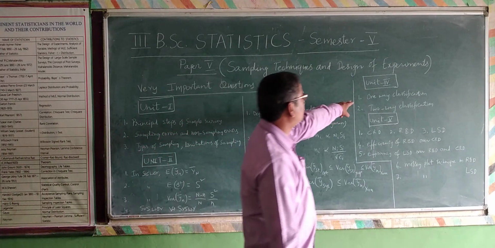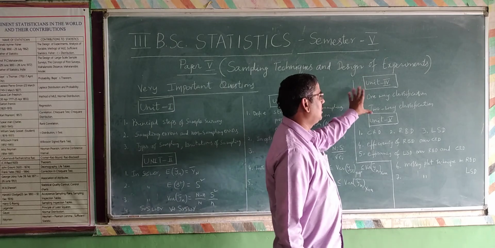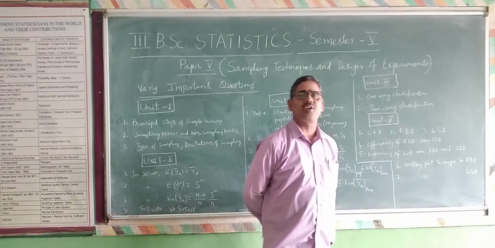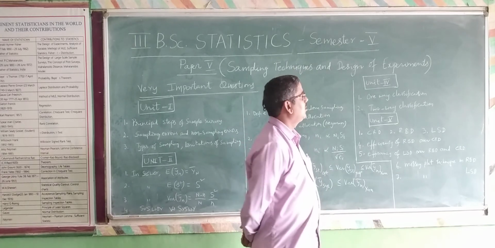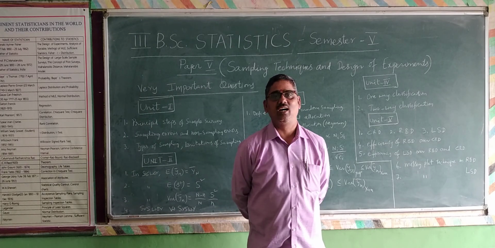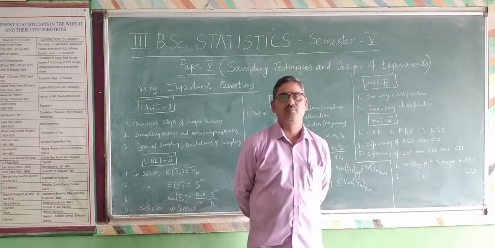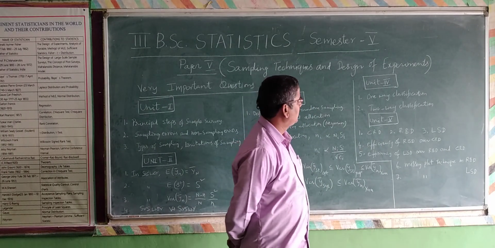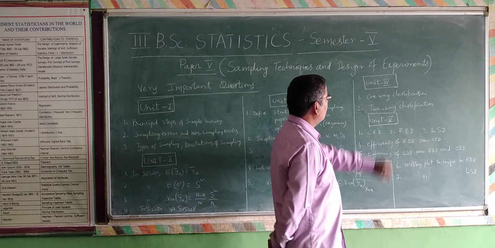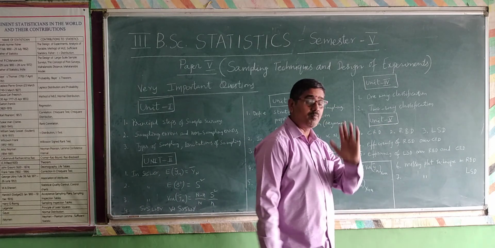If you read one-way and two-way classification along with some definitions, you will definitely be able to answer that 10 marks or 12 marks essay question. And Unit 5, you read important definitions.